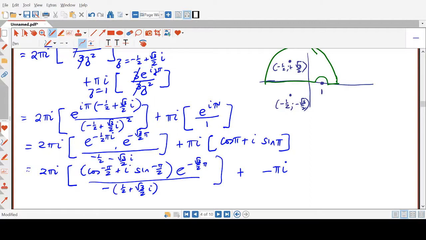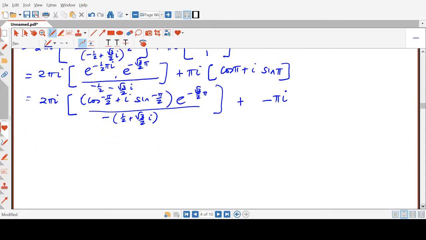Let's look at the ugly business of sorting this out. You still need to know which is the real part and the complex part. In other words, you can't abandon this problem here and get tired, leave, and go home. You have to finish it. So it's 2 pi i. Let me put the minus outside.